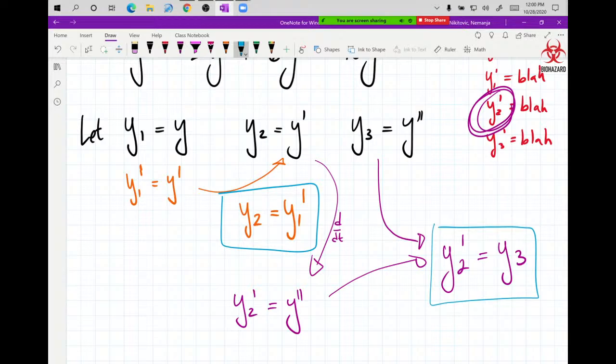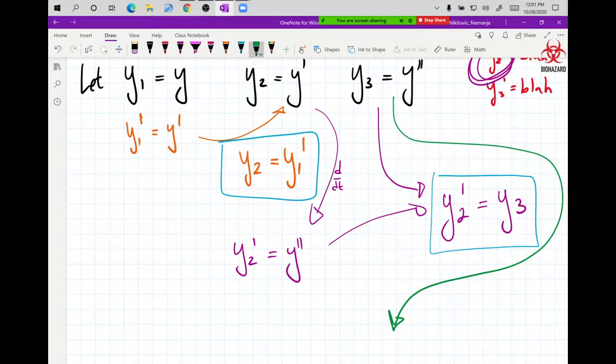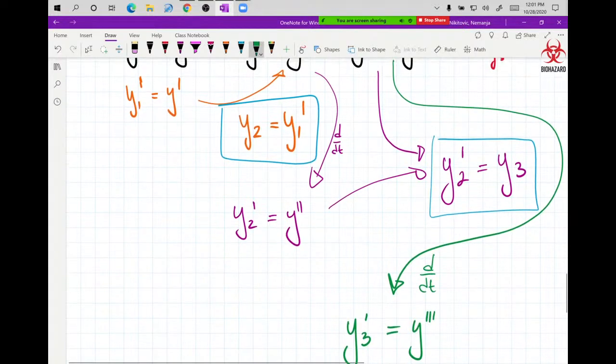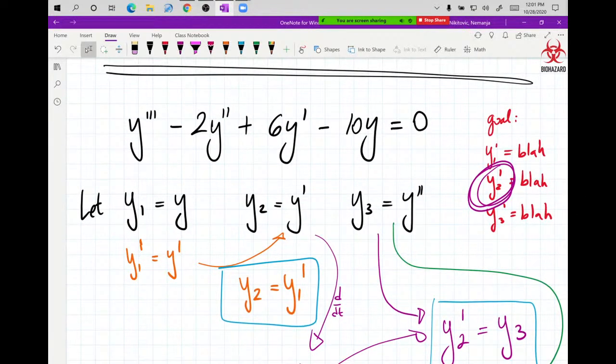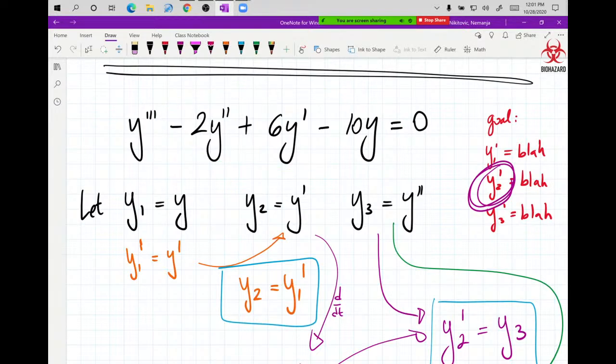The only thing that is left, and for that one we're gonna go green, I guess, is to differentiate with time and get that y3 prime is y triple prime. And you can go back to the original differential equation to come up with what y triple prime is when you shift all of this to the other side.